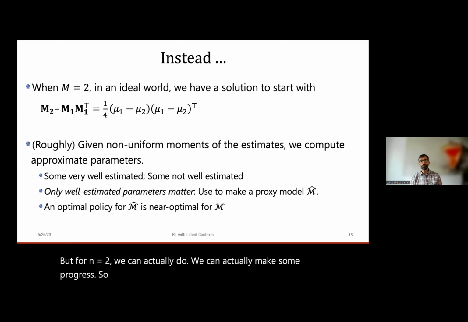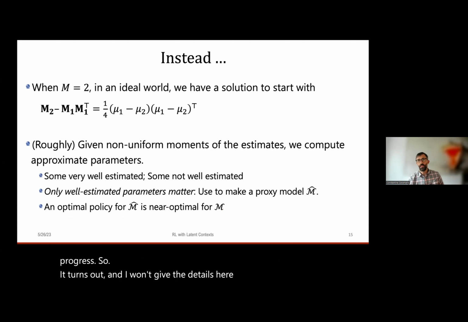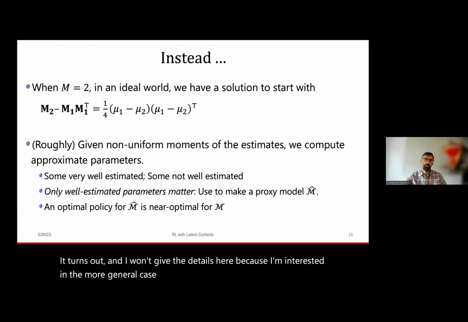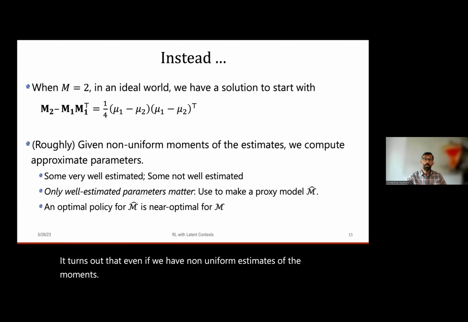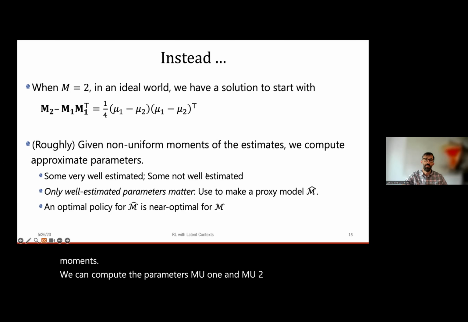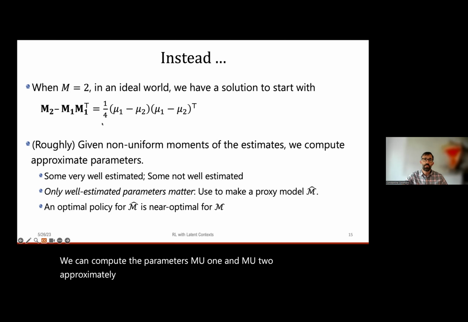So it turns out, and I won't give the details here because I'm interested in the more general case, which subsumes this, that even if we have non-uniform estimates of the moments, we can compute the parameters mu1 and mu2 approximately, by trying to solve a robust or noisy version of this equation at the top of the slide.